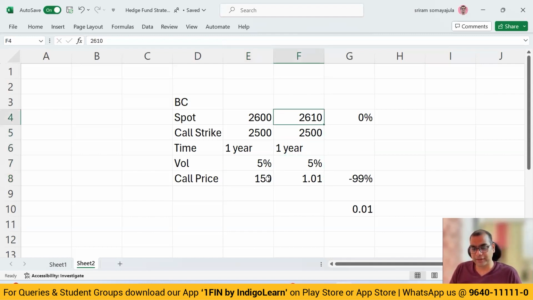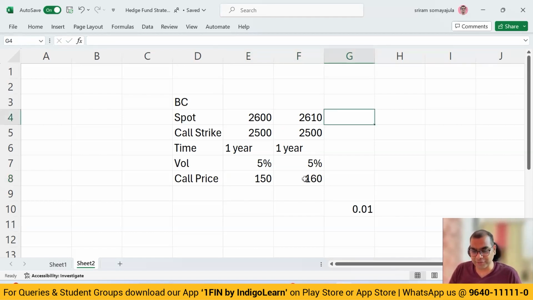Then this 2,600 moves to 2,610. It increases by 10 rupees. Then how much will the call price move up to? Spot has moved by 10. So what will the call price move up to? Around 10. Maybe 11, maybe 9, I don't know, but around 10. Right.